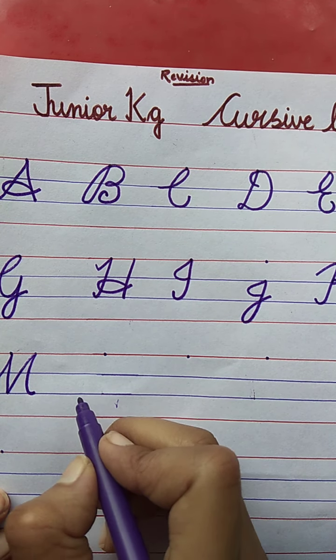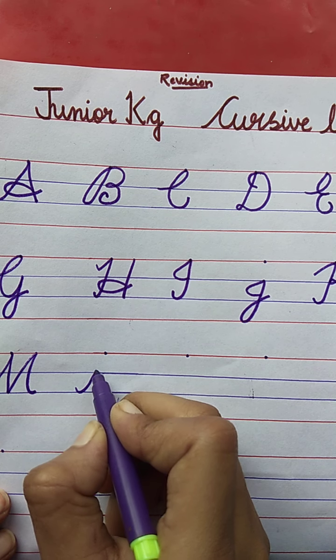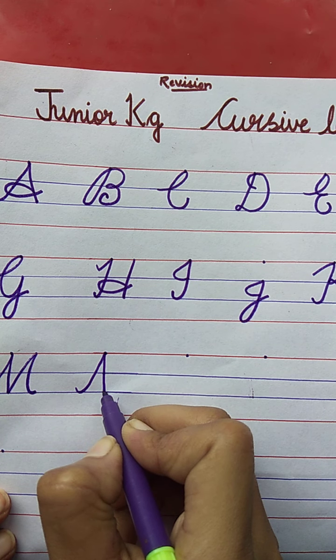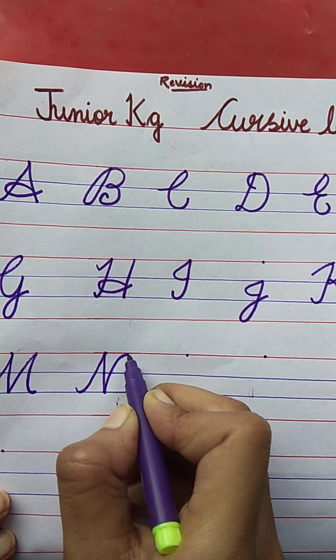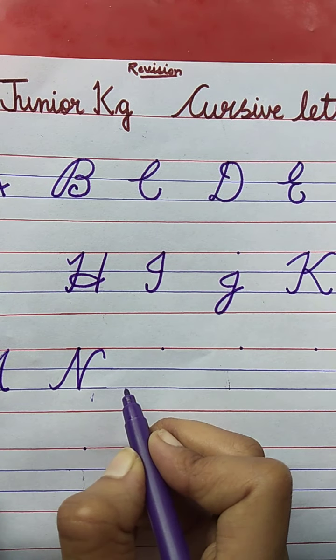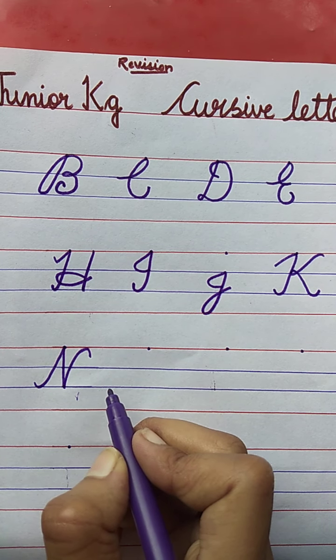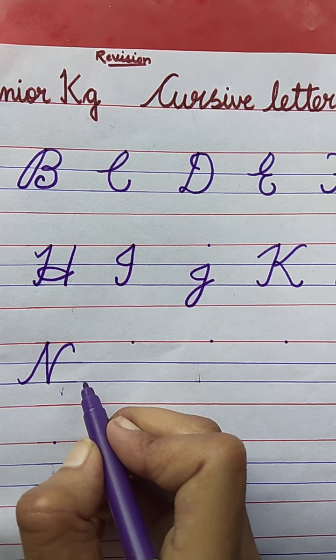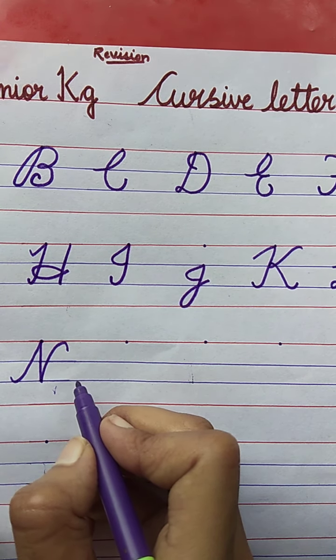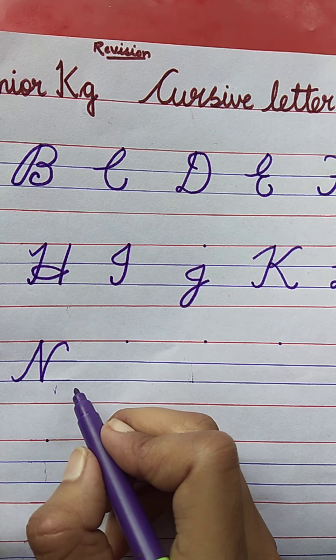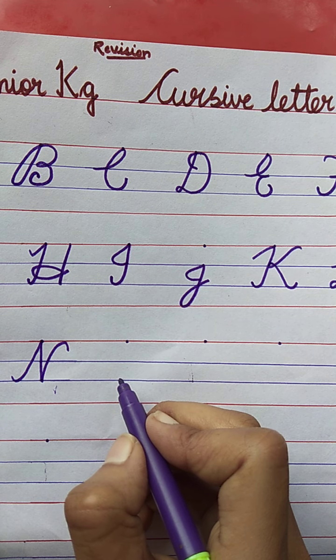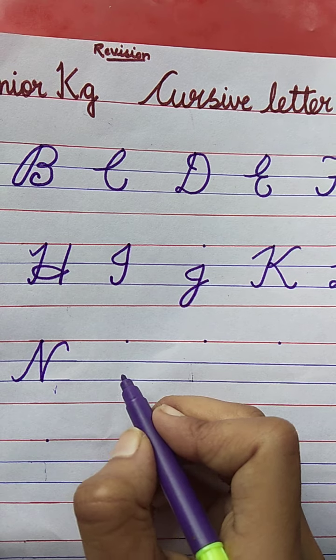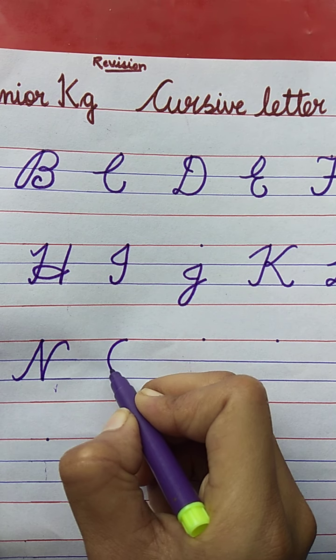Now tell me the next letter. N. N for nest. See here, two slanting lines, and this is third slanting line. N for nest. The spelling of nest is Nest. Now come on the next. N for nest के बाद कौन सा लेटर आता है children? O. O for owl.